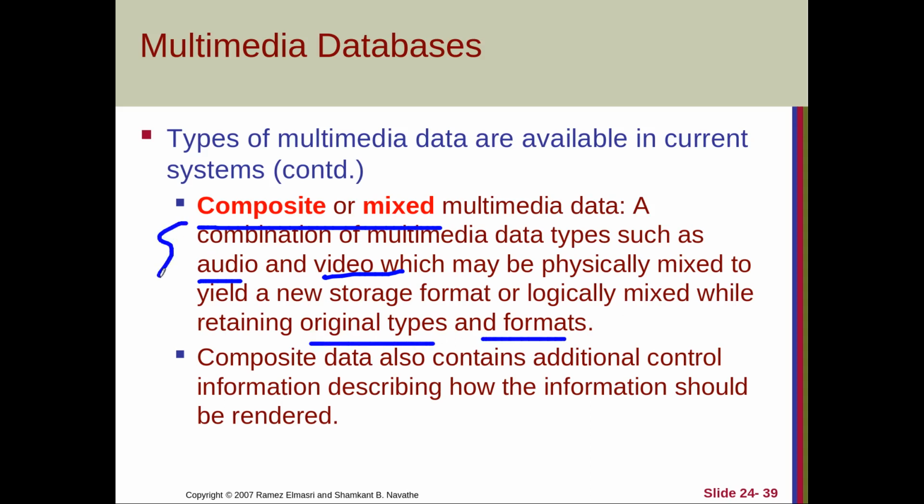So audio and video mixing, you are aware of that. Normally video editors, movie editors, have separate sounds available and separate videos available, and they do mixing of these two types of data. Video has one type of format, audio has another type of format, and when they are mixing these two, we have to consider some factors. That is an additional task to be done for this composite or mixed type of multimedia data.